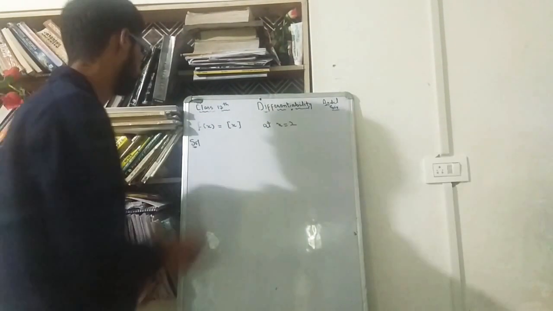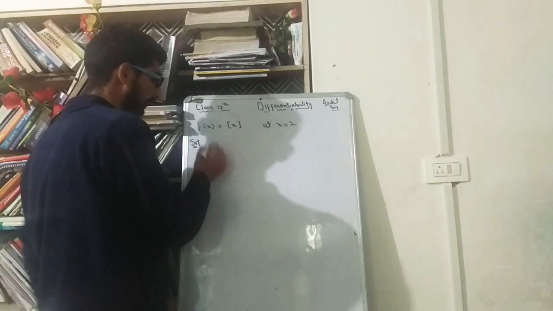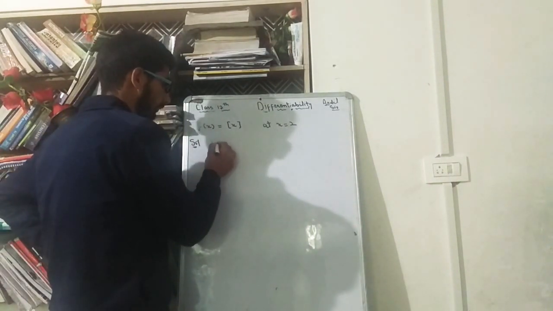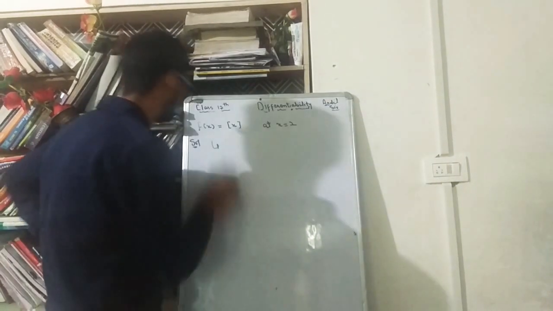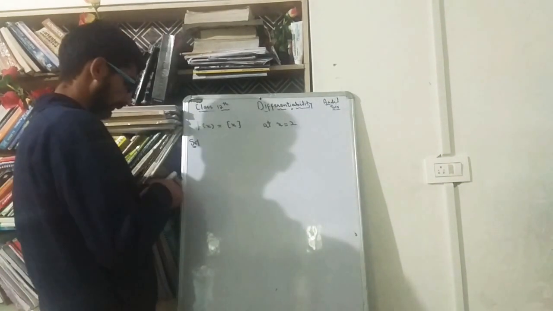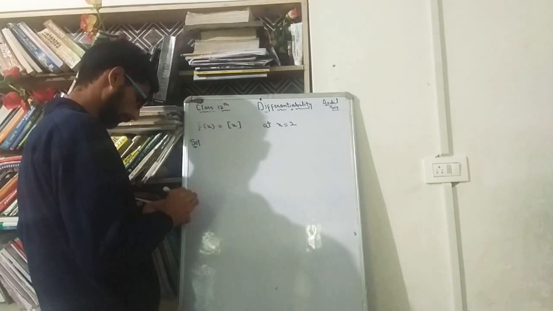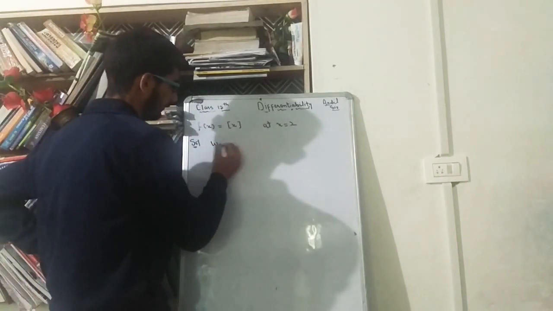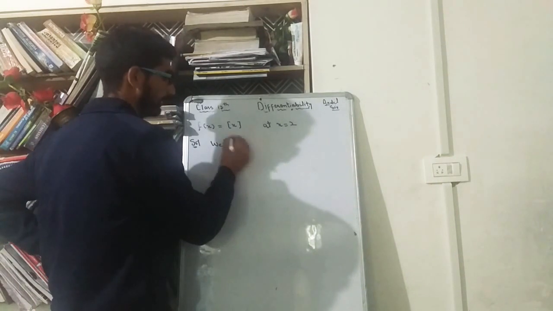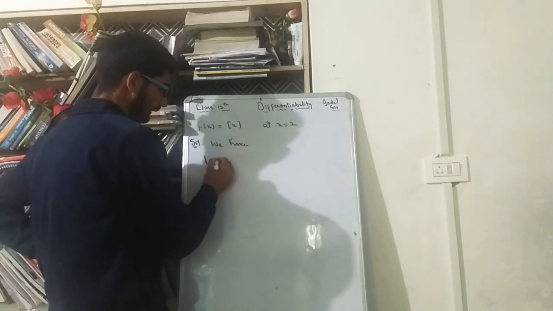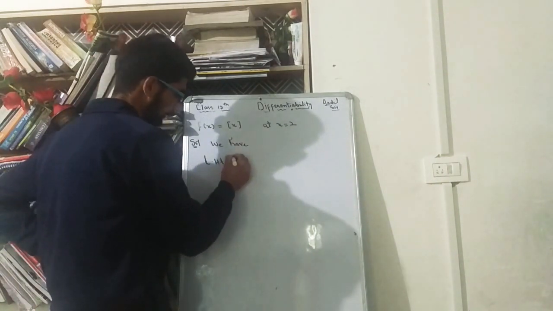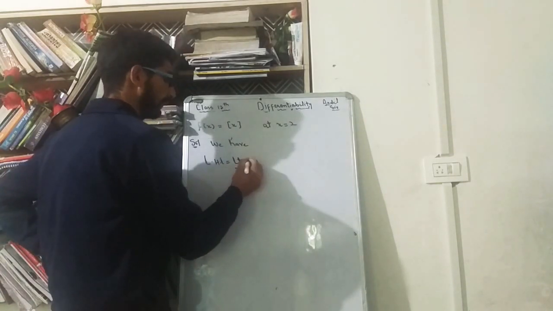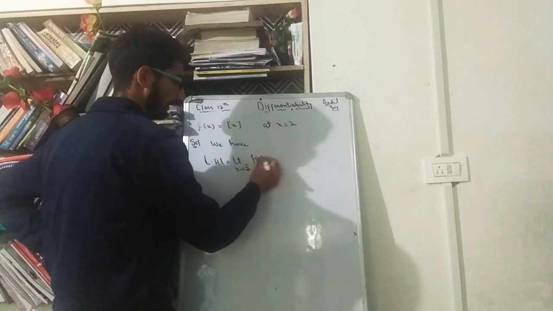So here by the theorem I have given you, I will first check continuity. We have the left hand limit, which is equal to limit x tends to 2 negative of f of x.